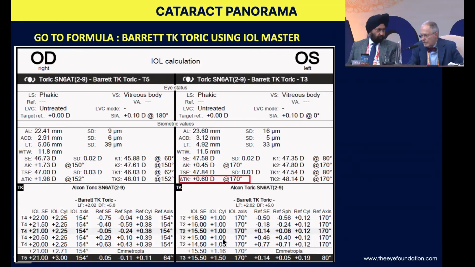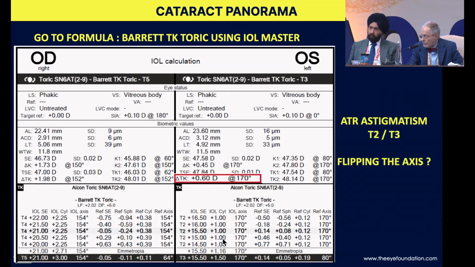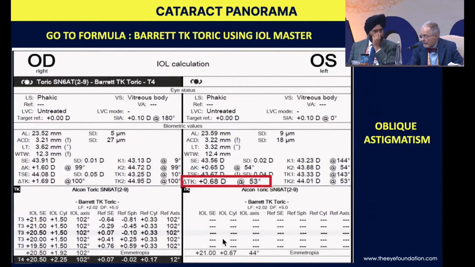Yes, we do use the Barrett and also the Abulafia-Koch, and they actually give almost always the same number. I agree with you on that against the rule. But on that oblique astigmatism, I would love to see what the actual predicted astigmatism is, and that's a flaw in the way the program is set up.